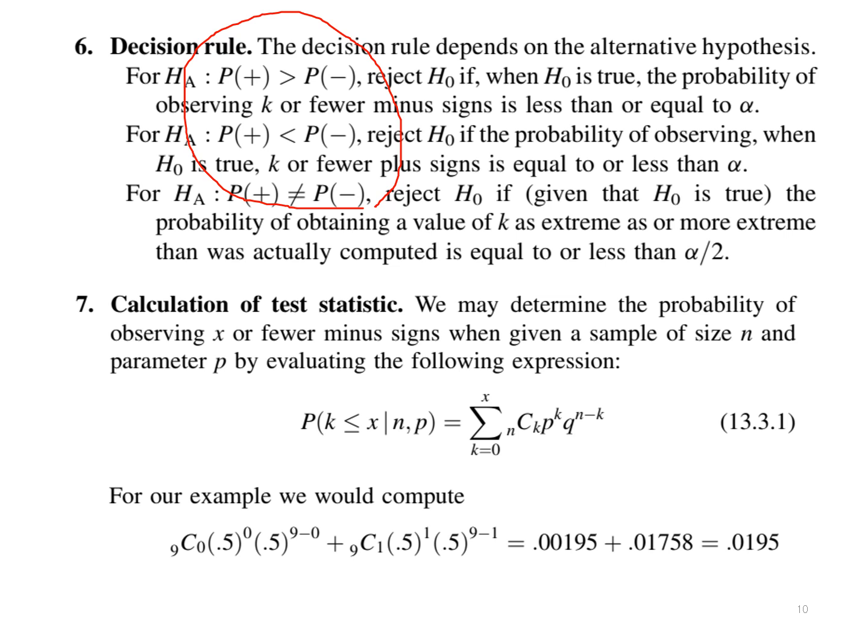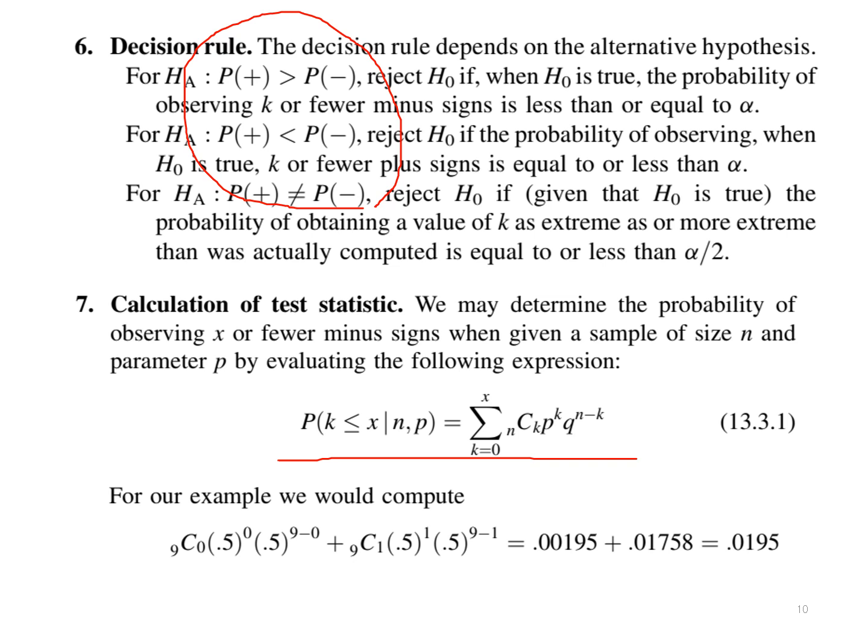The first two are one-sided tests, and the last one is a two-sided test. Since we have only positive and negative values, the test statistic follows the binomial distribution. Do you remember that one?